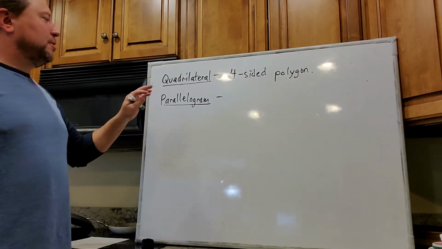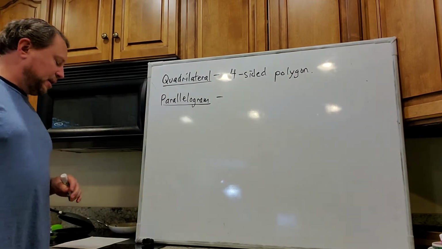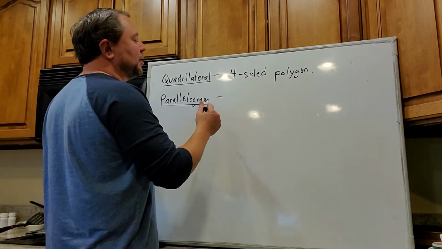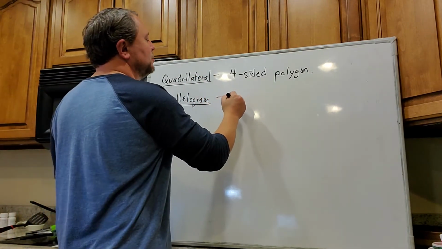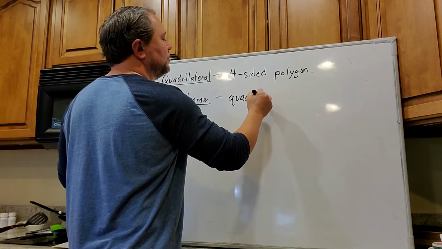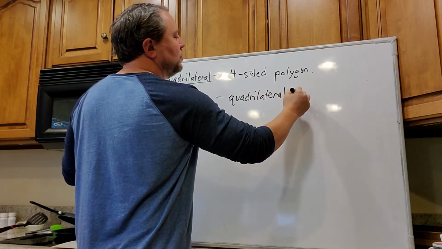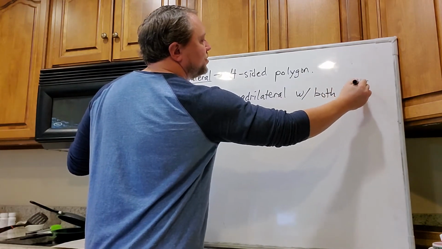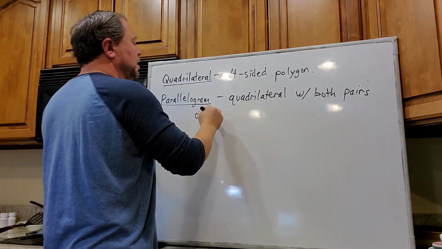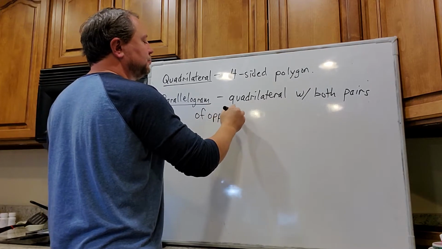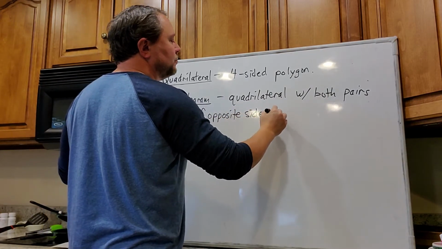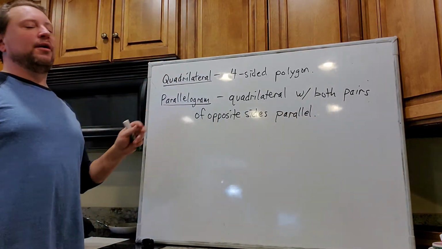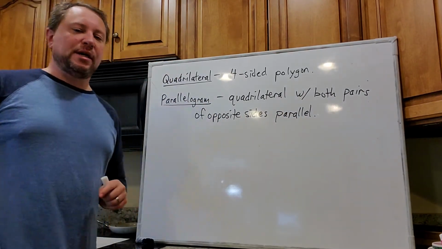A parallelogram is a quadrilateral with both pairs of opposite sides being parallel. Thus the name parallelogram. Okay, both pairs of opposite sides must be parallel.